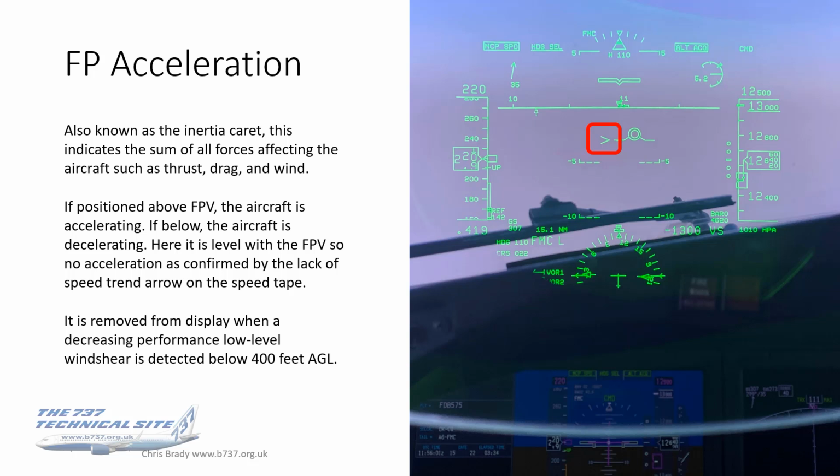Here it's lined up exactly with the wing of the flight path vector, so there's no acceleration, which you can confirm with no speed trend error on the speed tape. The only time it isn't displayed is with decreasing performance at low level wind shear below 400 feet AGL, but 99.99% of the time it is there. It shows whether you're accelerating or decelerating, so it's quite useful for your energy information.